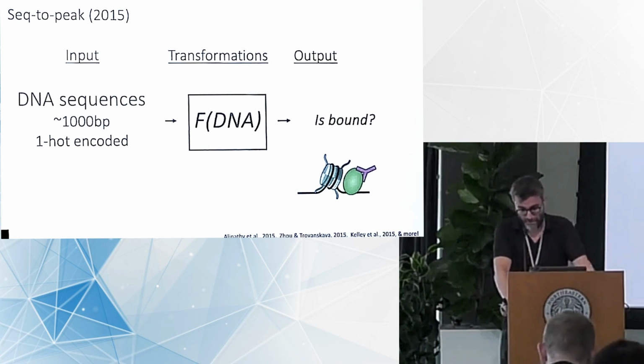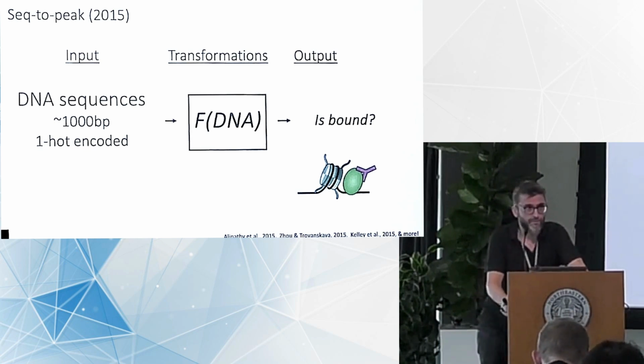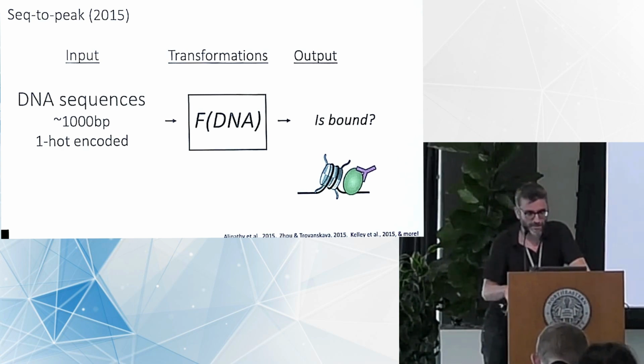And the transformations were just convolutions and pooling and dense layers, just as we talked about for the MNIST challenge. So just as you can do very well with MNIST, you can do very well with these seq-to-peak challenges with a very simple set of operations.